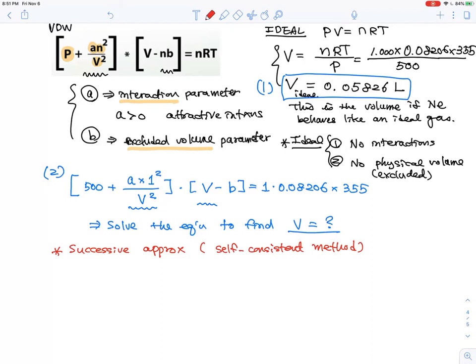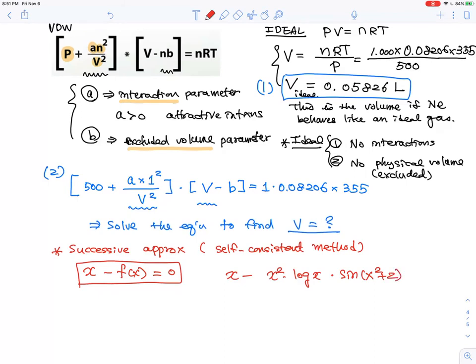What does that really mean? I want to solve the equation for x, where x minus f(x) is 0. If somebody asks, can you solve this equation? It could look ugly, something like x squared log x multiplied by, I don't know, sine x squared plus 2 equals 0.